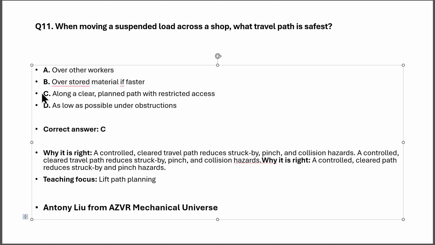Correct answer is C. Why it is right. A controlled, cleared travel path reduces struck-by, pinch, and collision hazards. Teaching focus. Lift path planning.